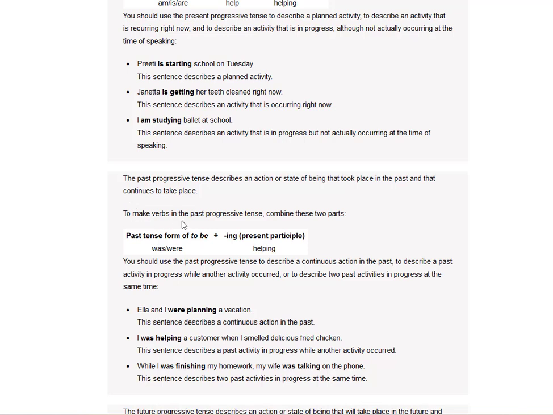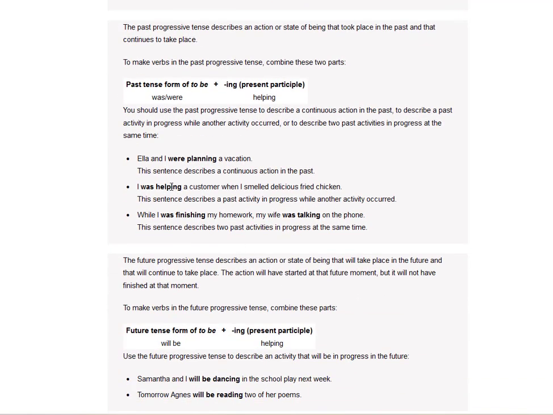So to make verbs in the past progressive tense, combine these two parts, was or were, and helping. You should use the past progressive tense to describe a continuous action in the past, to describe a past activity in progress while another activity occurred, to describe two past activities in progress at the same time. Ellen and I were planning a vacation.